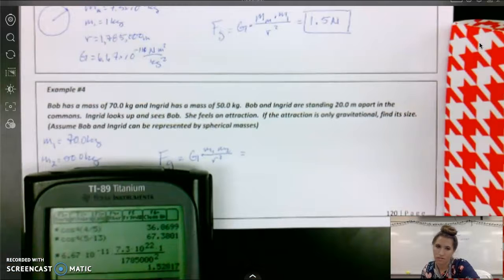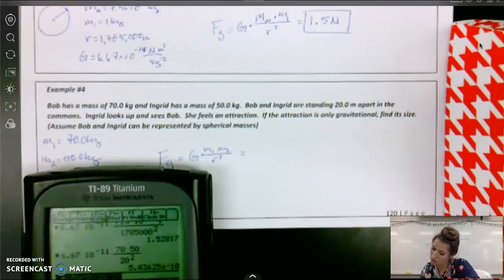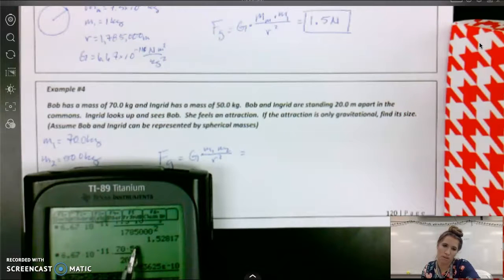Okay. Since I've done an equation recently, I'm just going to cursor up and grab it. And let's see, our new R value is 20 meters. And then we have the mass of 50, mass of 70. Okay, and then we're checking that pretty print there.